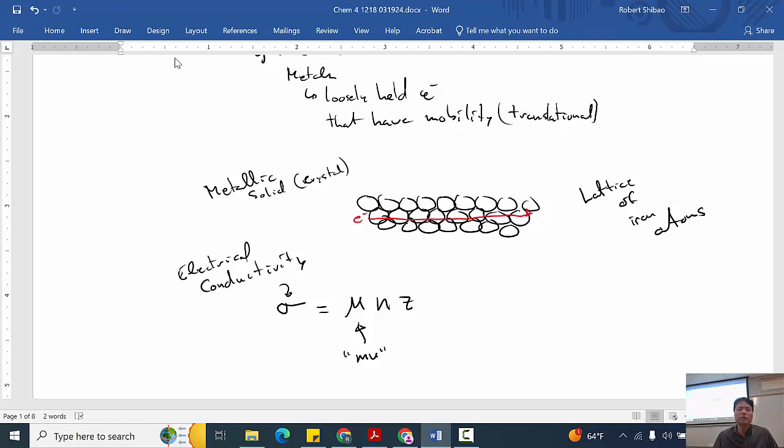Mu is being used as a measure of mobility, in this case the mobility of the electrons. N refers to the number of electrons, though they don't have to be electrons, as we'll see shortly. And z refers to the charge. So I'm just going to leave it as number and charge.